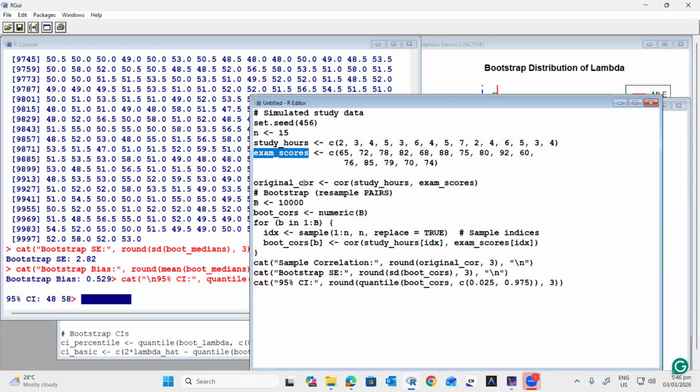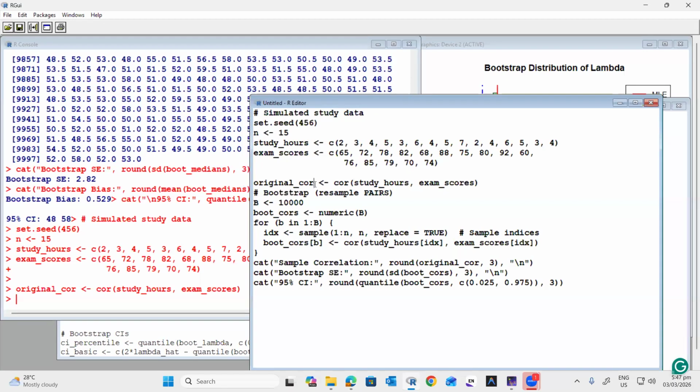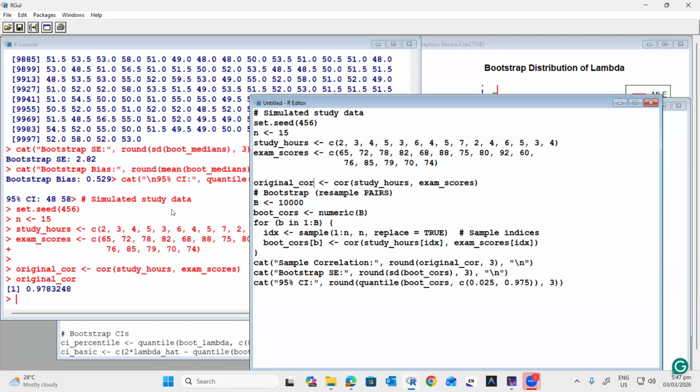We are going to find the original correlation coefficient. For that, the command is cor, to find the correlation coefficient of the given data.